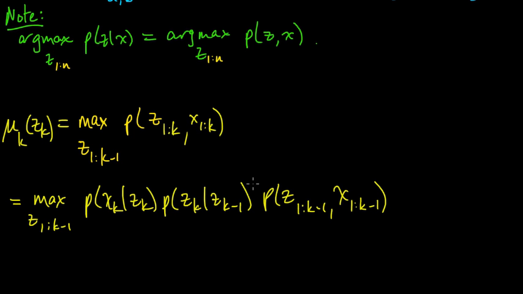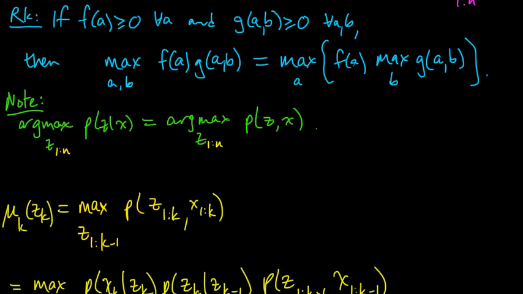Now things are looking good, but not quite. It's the joint over z from 1 to k minus 1 and x from 1 to k minus 1. We'd like to make it look like mu k minus 1 of zk minus 1, so we need to get a max in here. We have this little remark now, so let's see if we can use it.